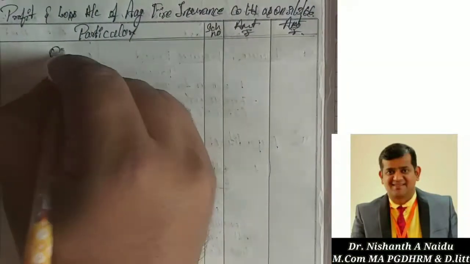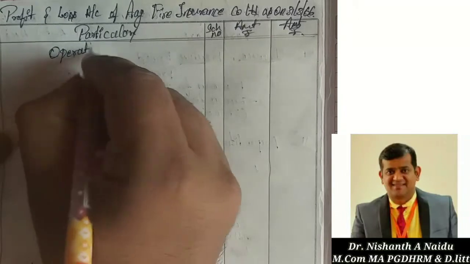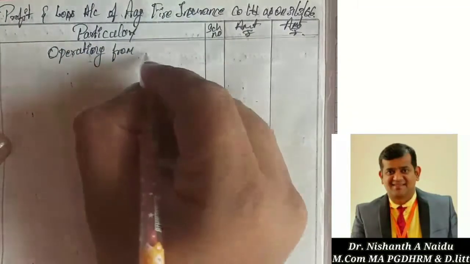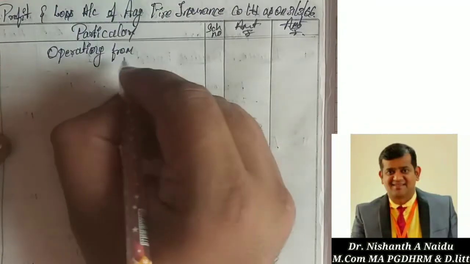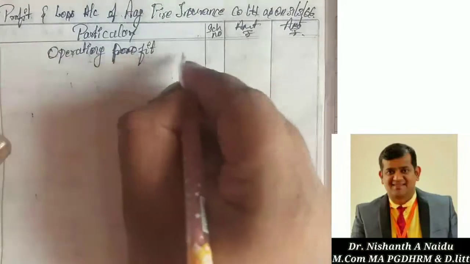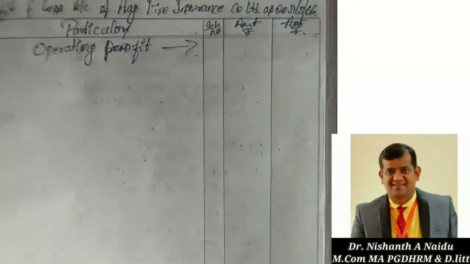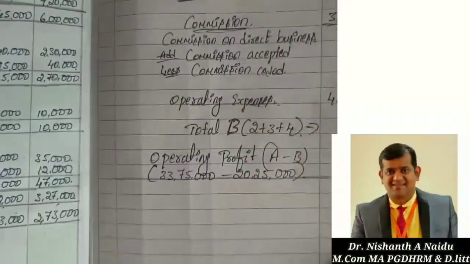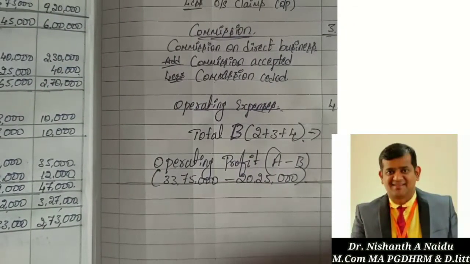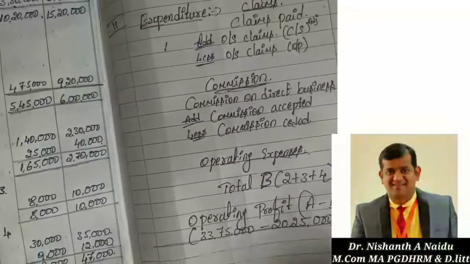First one, operating profit. So how much did we get as operating profit from preparation of the revenue account? Operating profit from revenue account is 13,50,000 rupees. How much? 13,50,000.